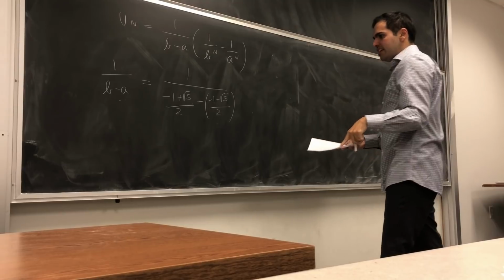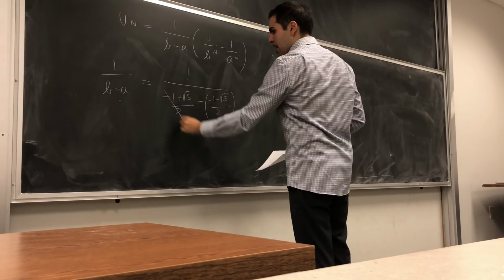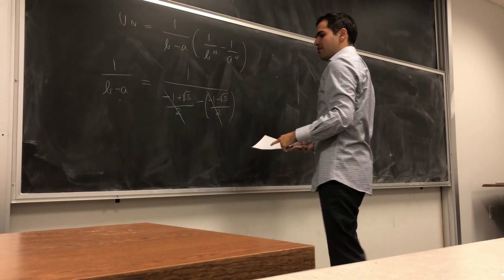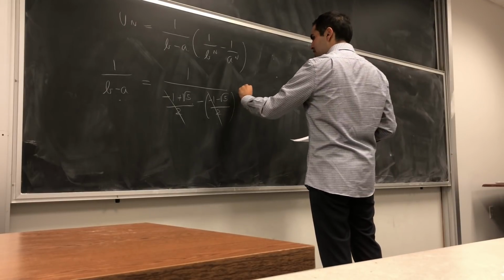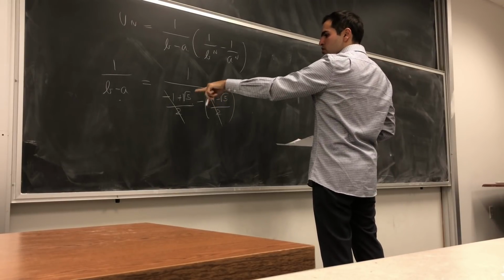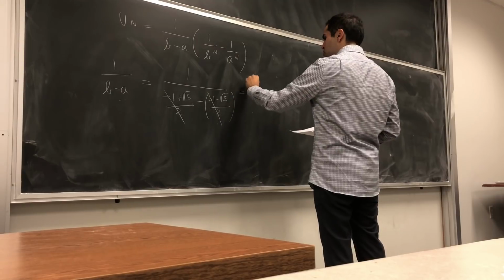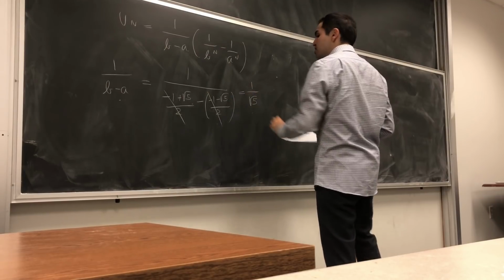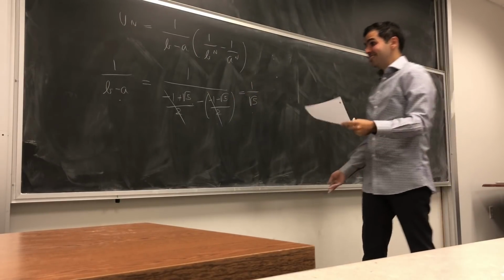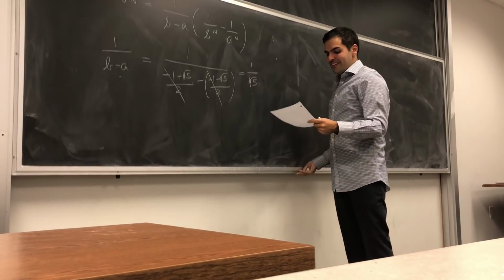And the nice thing is, you have a minus 1/2, which cancels out with this minus 1/2, and you get 1 over square root of 5 over 2 plus square root of 5 over 2, which is 1 over square root of 5. Turns out it's a nice simplification.